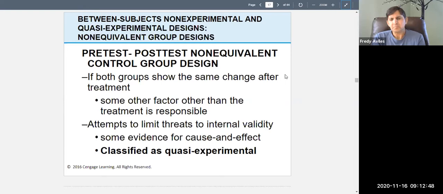So there must have been something else that affected the scores. They're the same before treatment, they're the same after treatment. One got the treatment, one did not. So there must be something else going on.